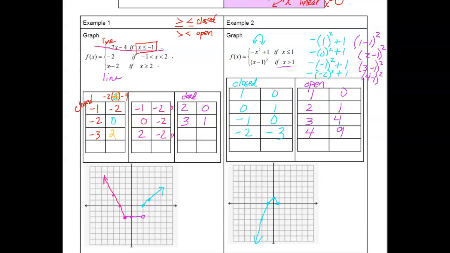And if your dots go off your graph, that's fine. So 1, 0, and that one's already filled in, so I'm just going to put that there as a placeholder, but it is filled in with the blue. 2, 1, 3, 4, and 4, 9. So it is going to curve because that one goes off. 1, 2, 3, 4, 5, 6, 7, 8. I'm going to estimate it right there. And so we're going to curve this up.